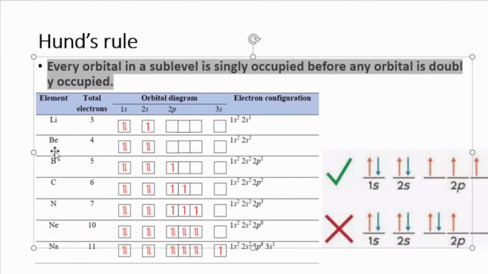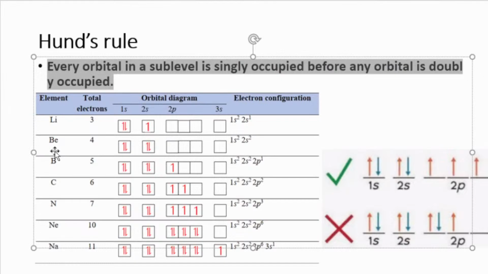The second energy level can occupy 8, and it has 2 remaining electrons. So the first energy level has 2, the second energy level 2. The first energy level has only an S orbital, so it is already filled. Then for the second energy level, only the S subshell is filled.